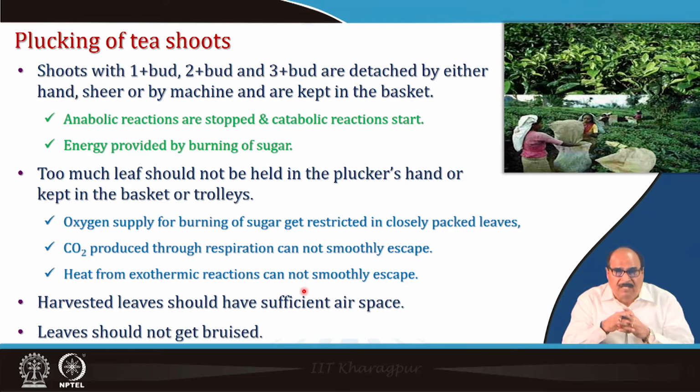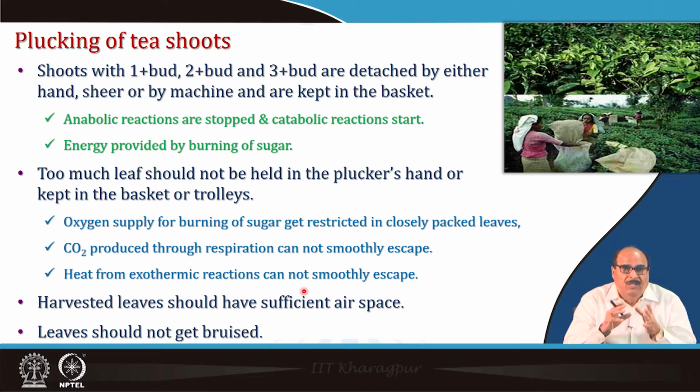Oxygen supply for burning of the sugar will get restricted in closely packed leaves. Carbon dioxide produced through respiration will not be able to smoothly escape, and heat from the exothermic reactions will not smoothly escape.